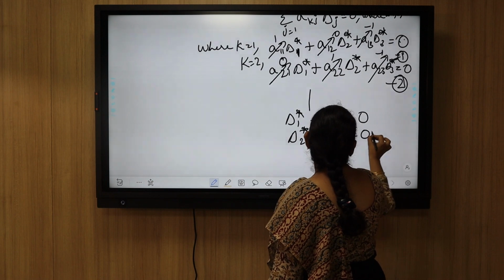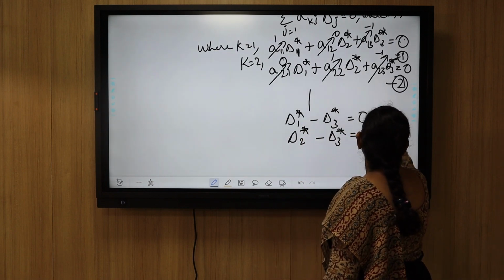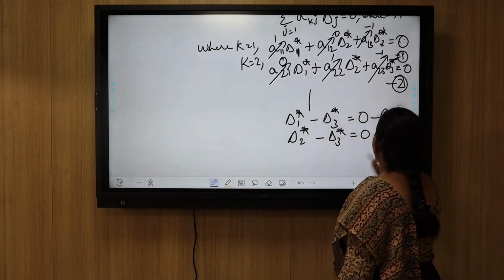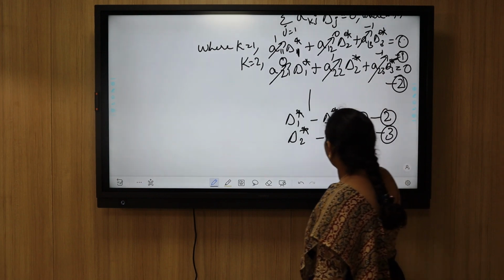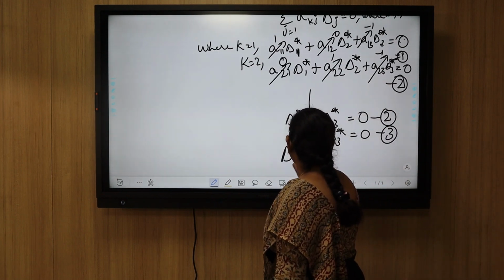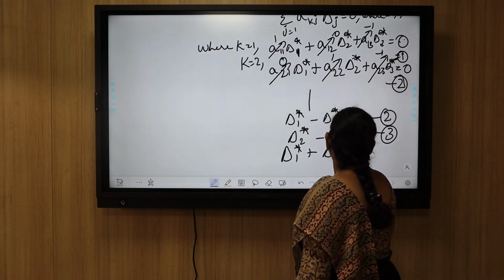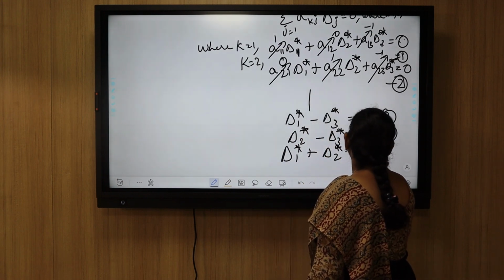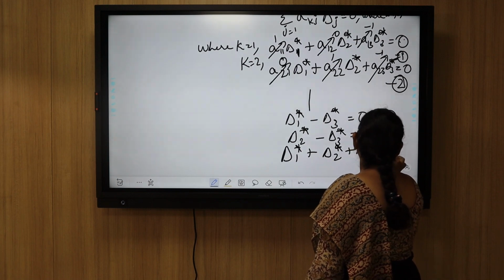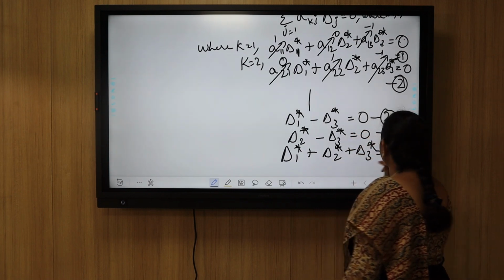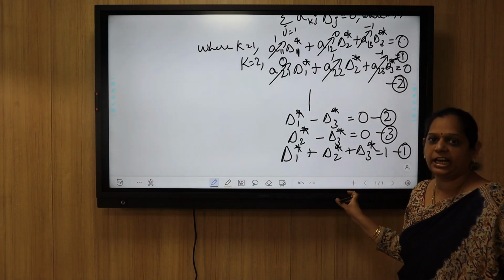This will be the second equation. This will be the third equation. And the first equation we have already found in the normality condition, that is delta 1 star plus delta 2 star plus delta 3 star equal to 1.